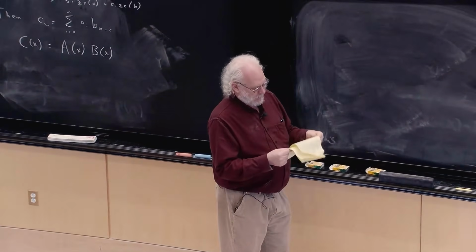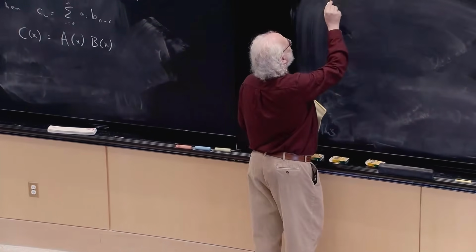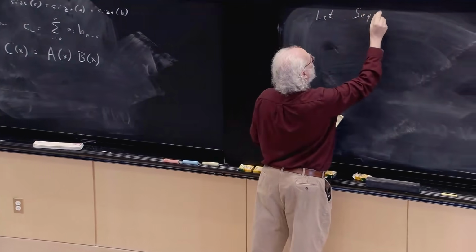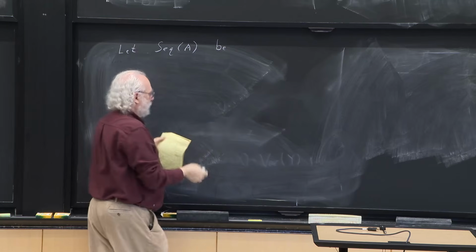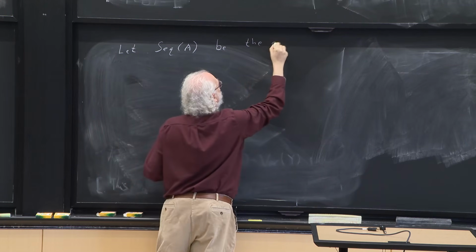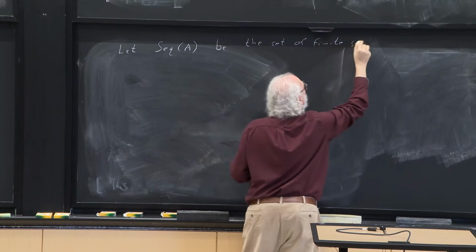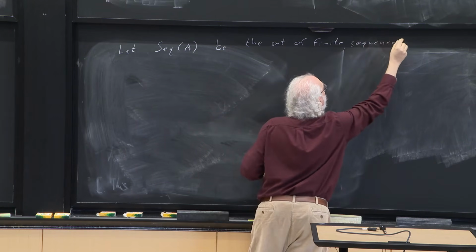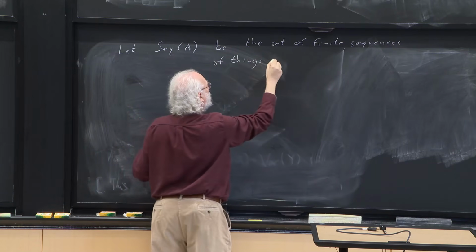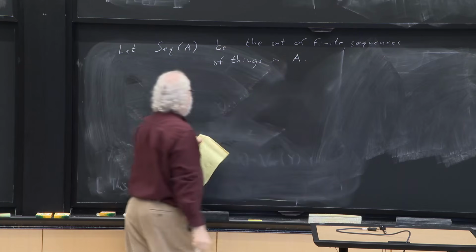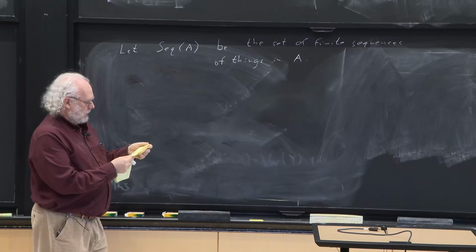But let's let the sequence of A be the set of finite sequences of things in A. So let's do an example that will illustrate this.